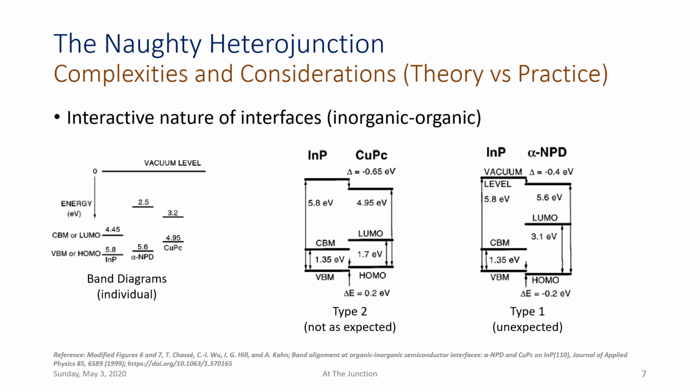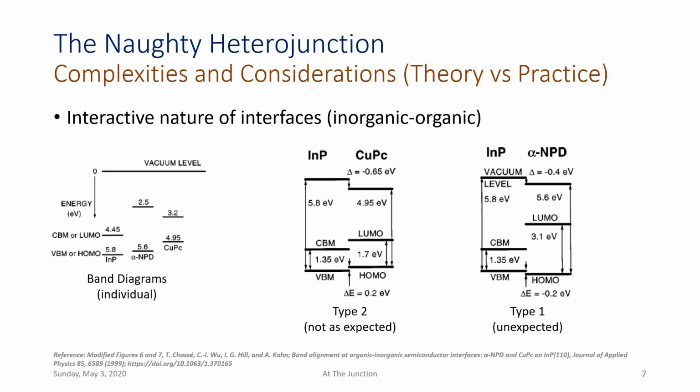Another consideration would be the interactive nature of interfaces seen in the case of inorganic and organic heterojunctions. The figures on this slide are taken from the paper in the reference. And on the left side, you see the individual band diagrams for indium phosphide, alpha NPD, and copper phthalocyanine.